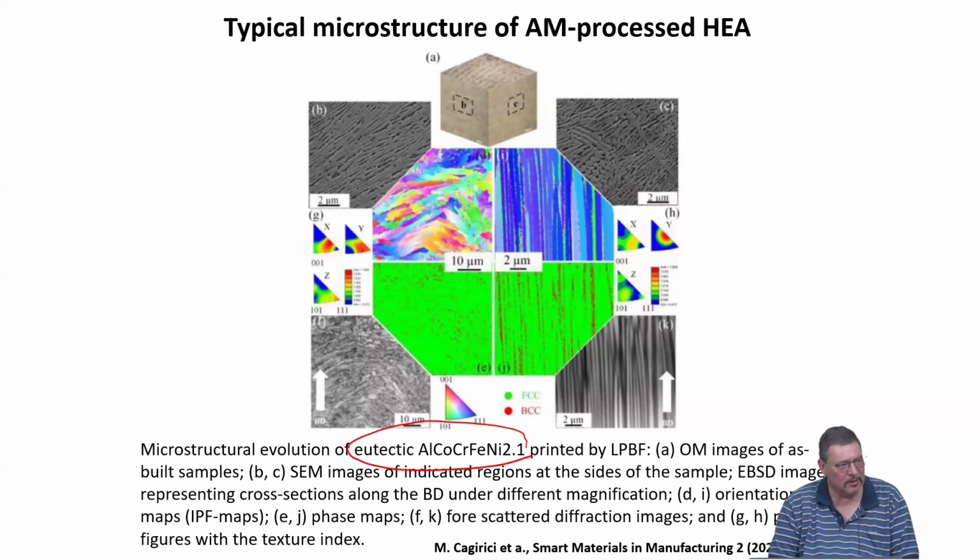So the properties of this material would depend a lot on whether you look at the properties in transverse direction or building direction, because of these non-equiaxed structures that form. So you have elongated grains, you have dendrites which form. So it can be messy in terms of the microstructure you get from additive manufacturing.